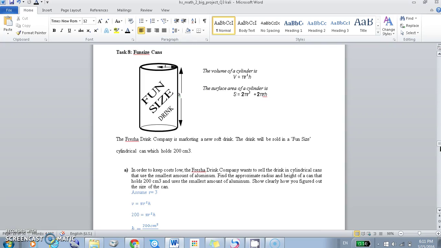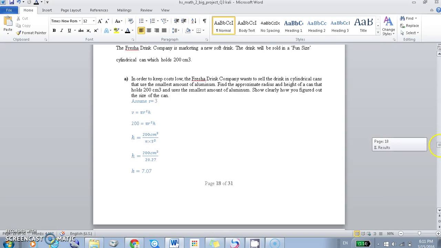So task 8 is I'm trying to find the lowest amount of aluminum that this company can use, without changing how much drink they can put in the can. For the radius, the diameter would be 6, and so half of it, the radius, would be 3, right?